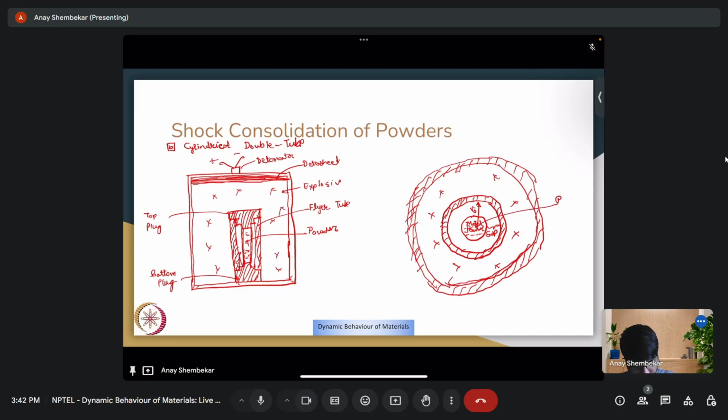This is powder. This is flyer. This is explosive. And this is the explosive container. So a double cylinder.